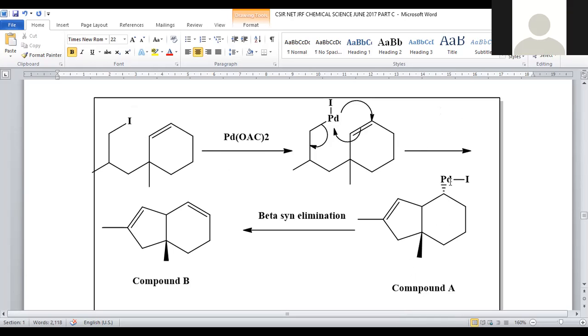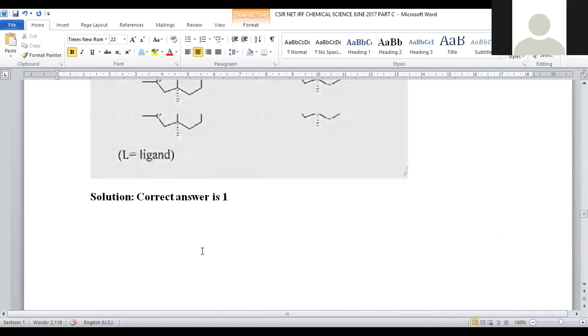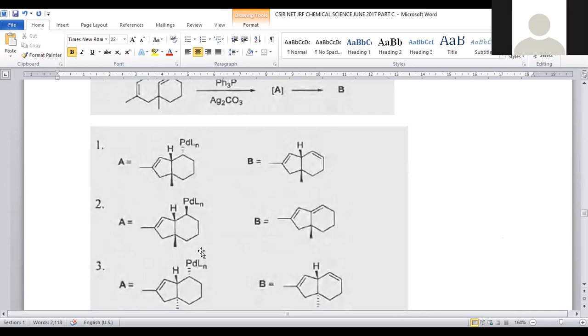The stereochemistry of this palladium and methyl group is anti with respect to each other, because palladium is a bulky group which is coming from the back end. Hence, this methyl simultaneously moves up, so it is indicated with the wedge bond, right? So that's the reason why in the final product the methyl is on the front side and these two double bonds are present within the ring structure. Let us see which option satisfies these statements.